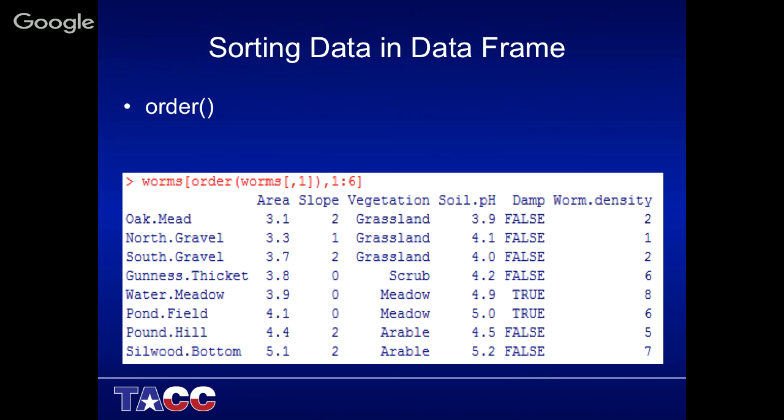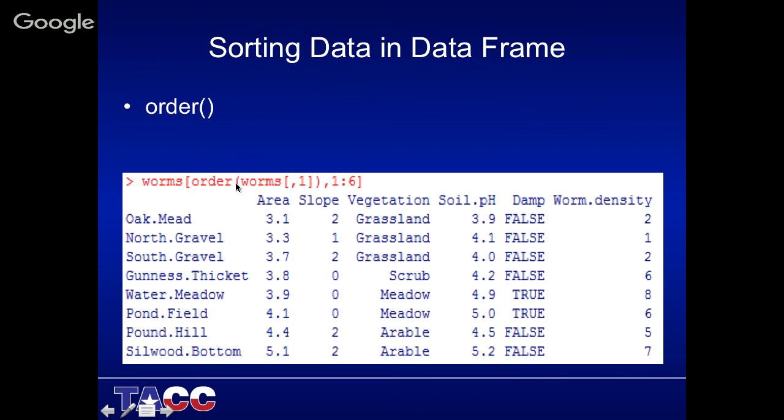You could also sort things in a data frame. One of the ways is we use the order function. Let's look at it from inside out. Worms square bracket comma 1 is basically saying give me the first column of worms, and the first column is the area.